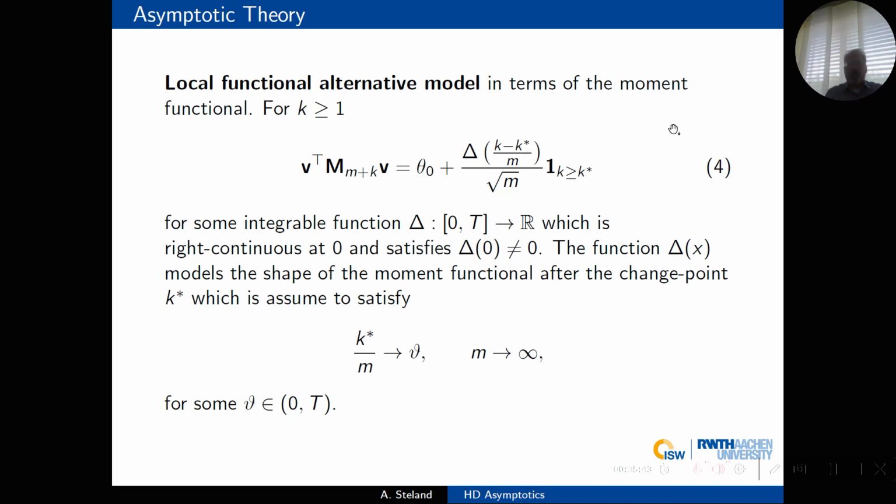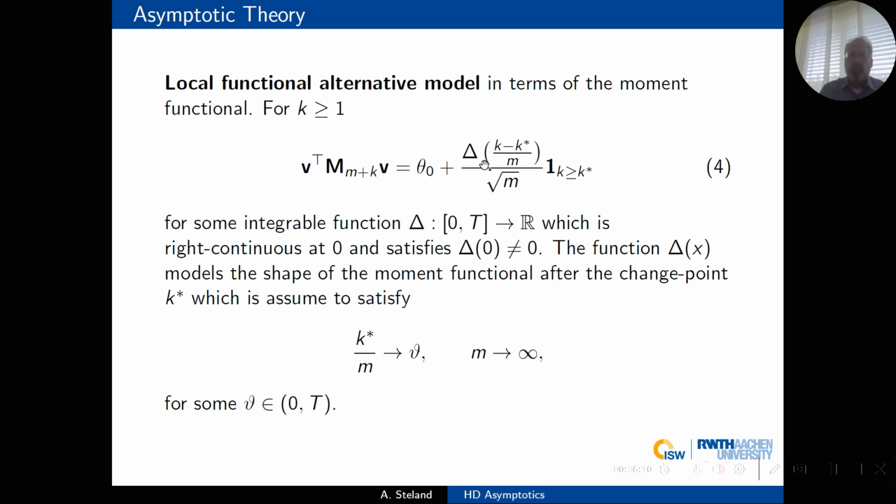But there's more. So actually I worked out the asymptotic theory under local functional alternatives. And here it is assumed that we have a function delta. And this delta function tells us the shape of our functional which we monitor, so this quadratic form of the second moment matrix after the change point.